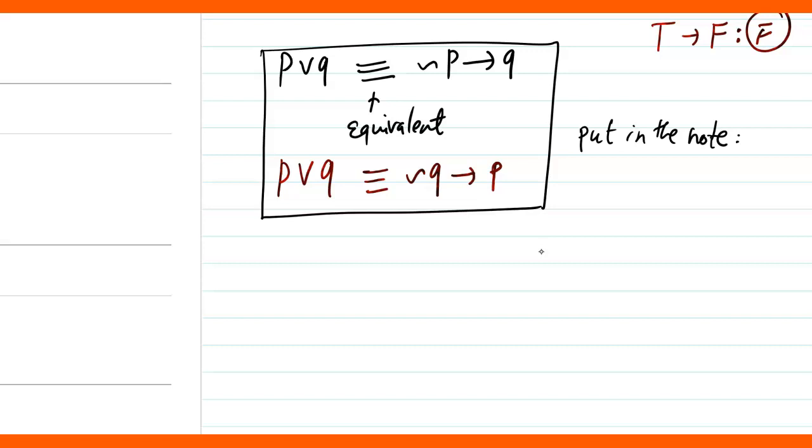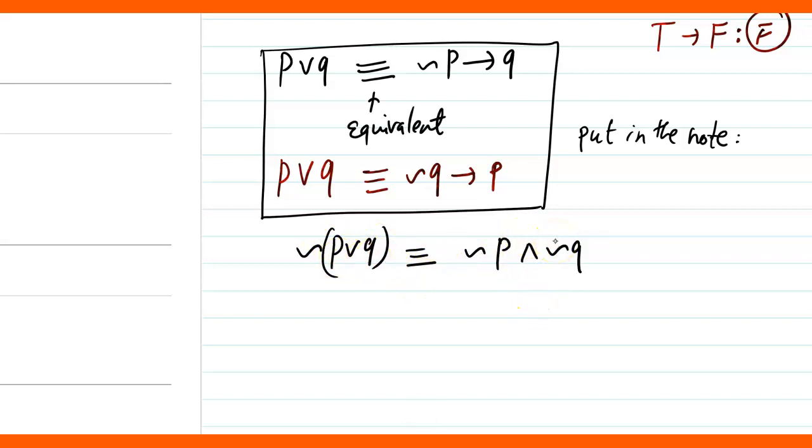And also I want to write another equivalent statement here. If you have P or Q and the negation of that, this is equivalent to not P and not Q. What happens is, if you distribute the negation, the or becomes and, and you negate each statement.